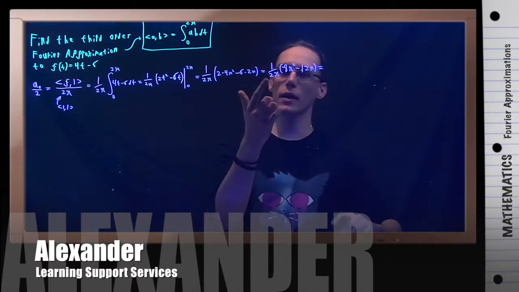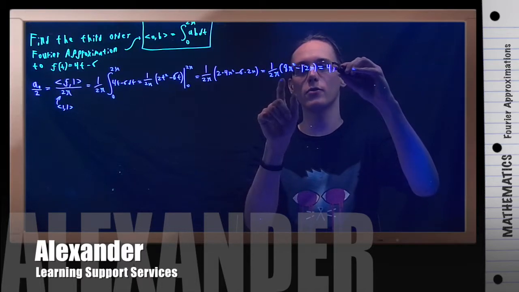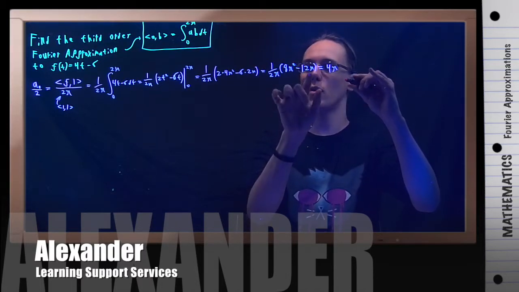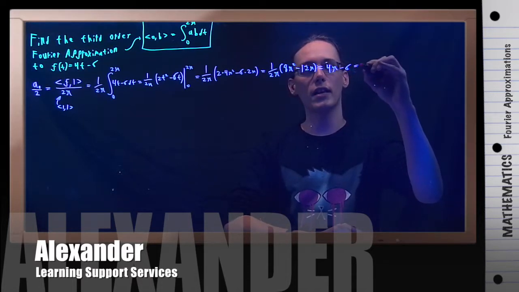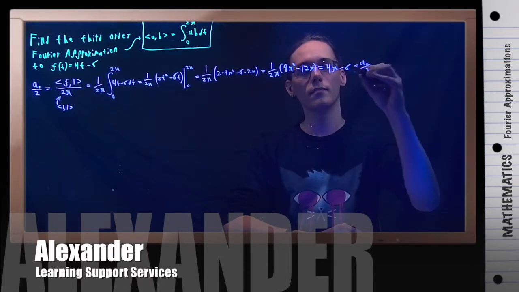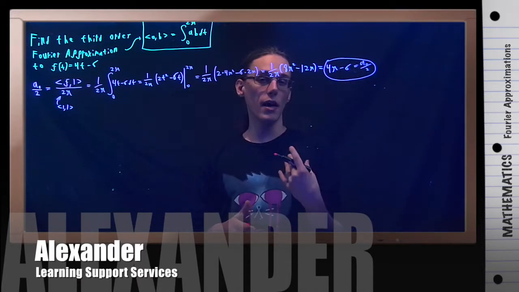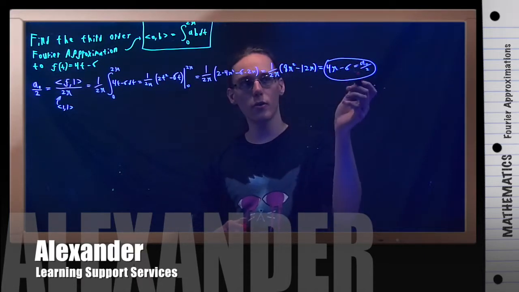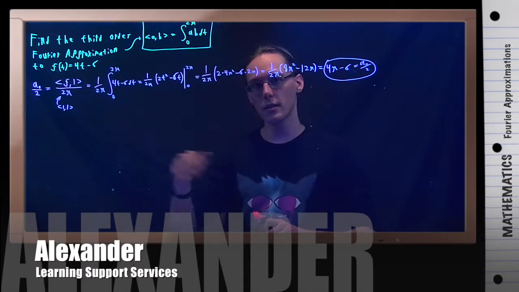And finally, if I bring in this 1 over 2 pi, 8 over 2 is 4, pi squared over pi reduces to pi, minus 12 over 2 is minus 6, and the pi's cancel off. And so I have that a null over 2 is equal to 4 pi minus 6. So I know that in my Fourier approximation, I'm going to start with this right here.